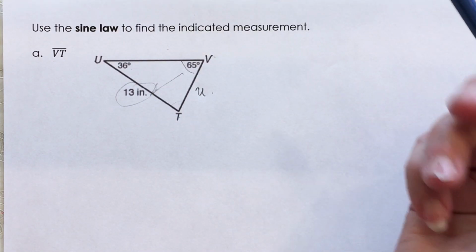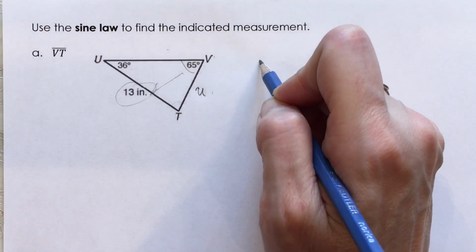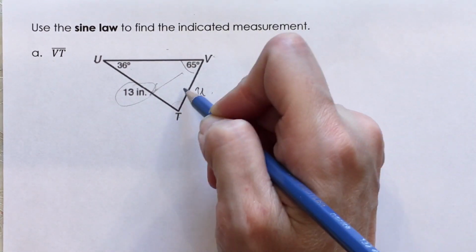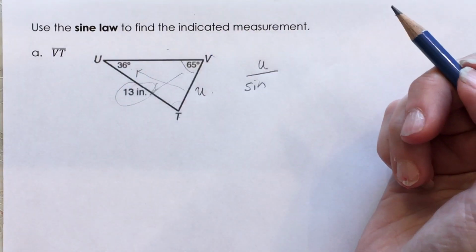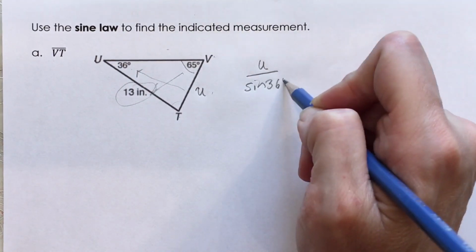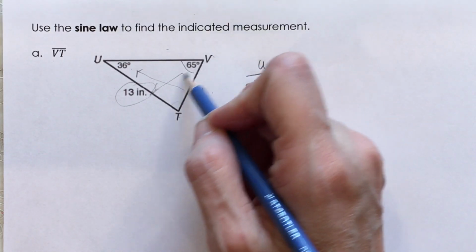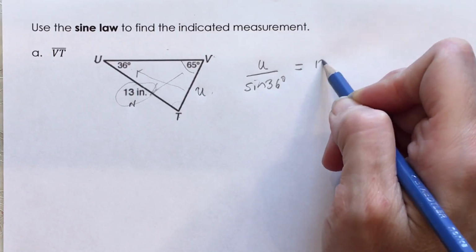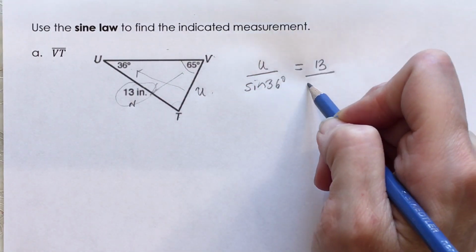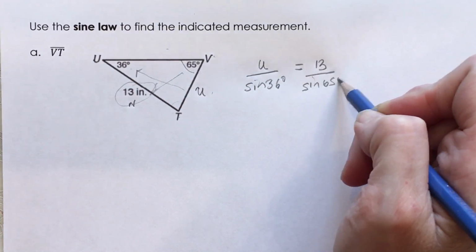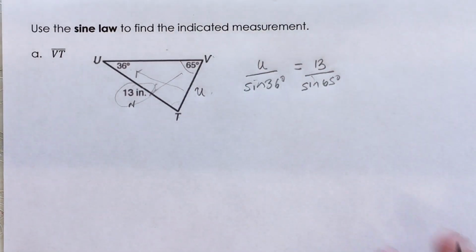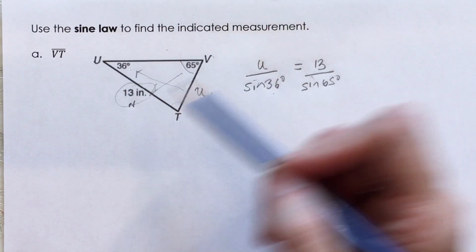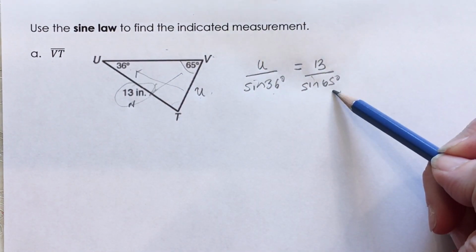So this is set up perfectly to use the sine law because it's a side, U in this case, over the sine of the angle opposite to it, which is the sine of 36 degrees, is equal to side little v, which is 13, over the sine of its opposite angle, the sine of angle V. So we can go straight to saying U divided by the sine of 36 is equal to 13 divided by the sine of 65.